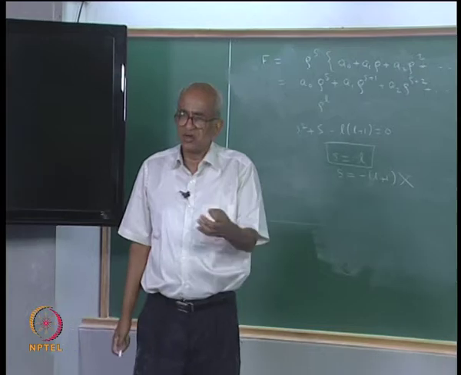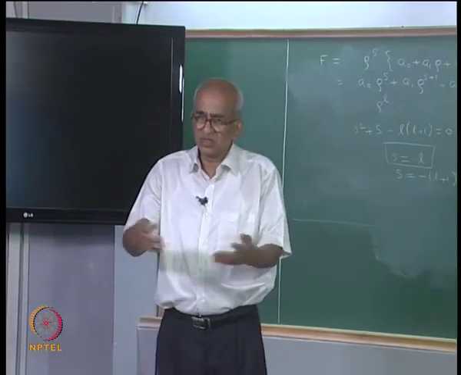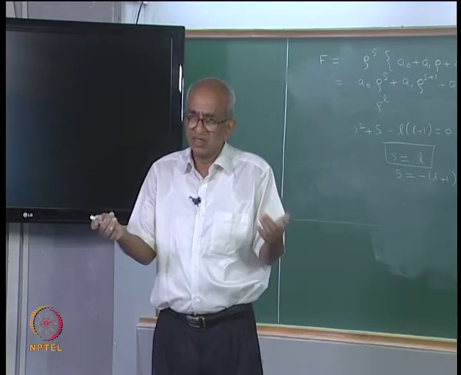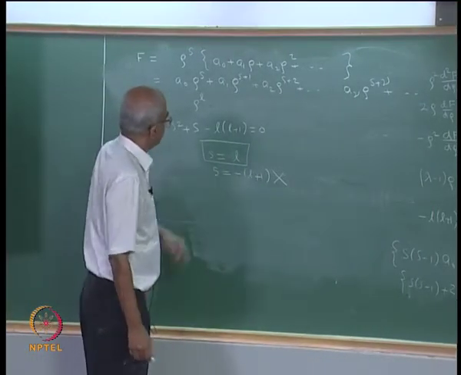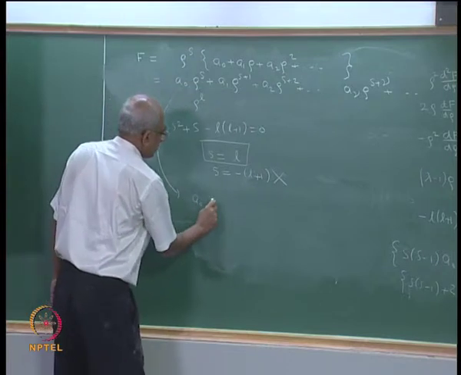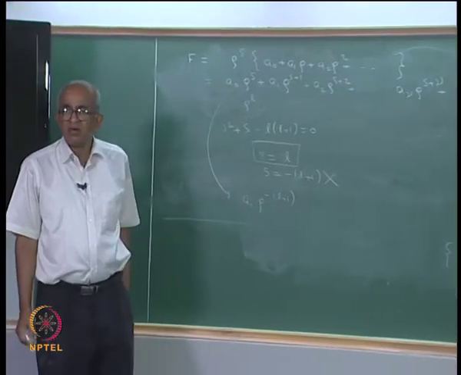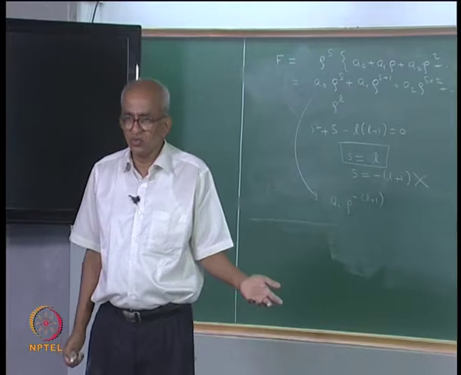Suppose you are very close to the nucleus where rho is very small, then rho to the power of 0 or rho to the power of 1 or rho to the power of 2, they are all very well behaved functions. On the other hand, if you had s equal to minus L plus 1, what will happen is that this will become a0 rho to the power of minus L plus 1, right, and L is 0 or L is 1 or L is 2.